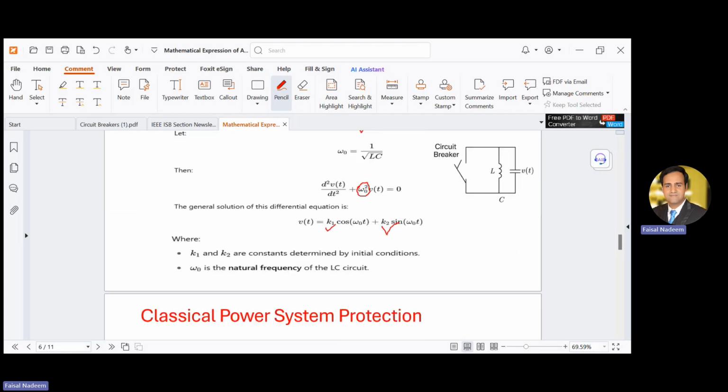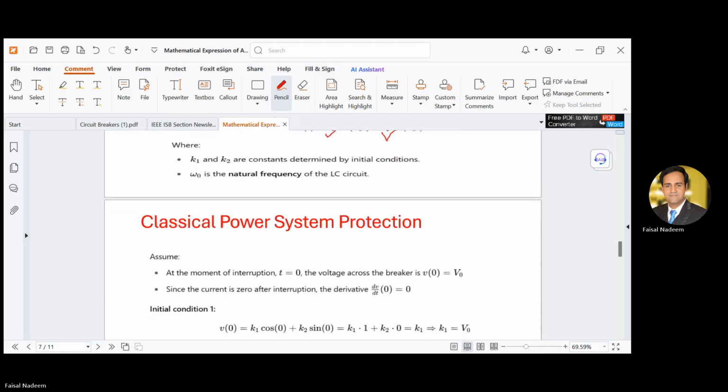There are two initial conditions in this problem. First, at the moment of interruption, that is at time t equal to 0, the voltage across the breaker is V0, equal to V naught.